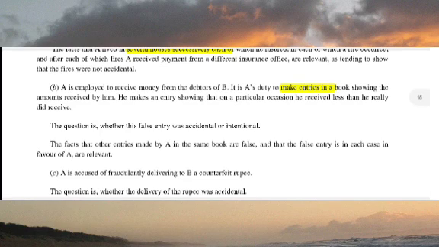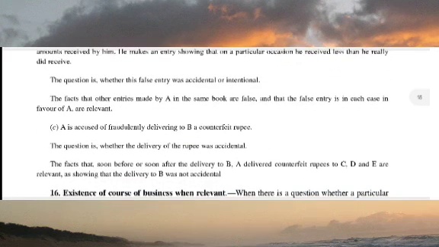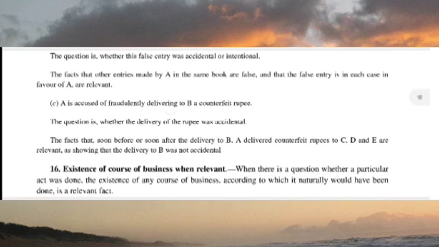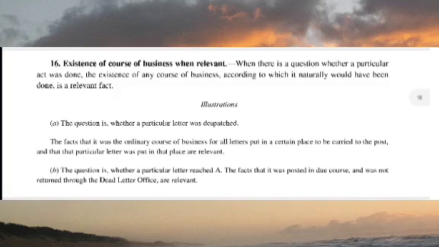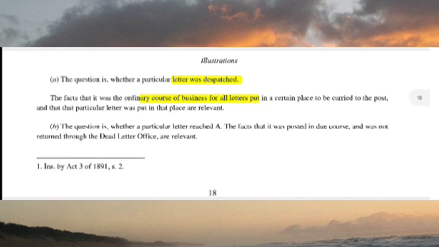Entries in account books: particular entries showing he received less than what he received. A statement in a book is false and in his own favor. Fraudulently delivering a counterfeit rupee: the accused, after delivery, delivered counterfeit rupees to C, D and other persons, relevant. Existence of a course of business is relevant. A particular letter was dispatched in the ordinary course of business; it is relevant that in due course it was not returned to him.